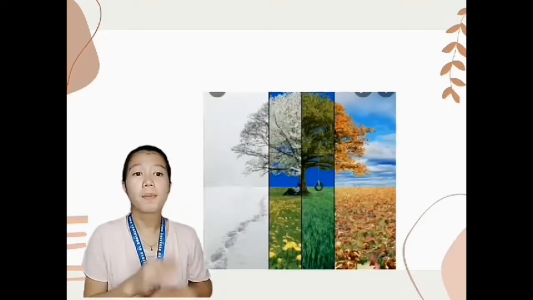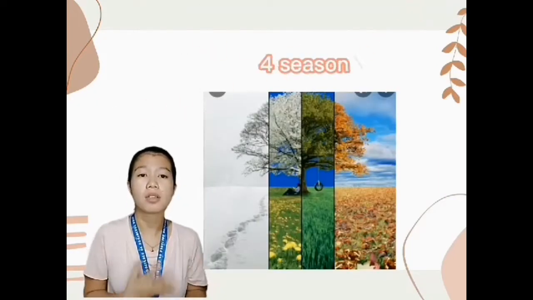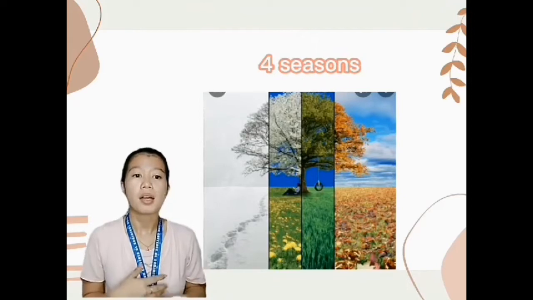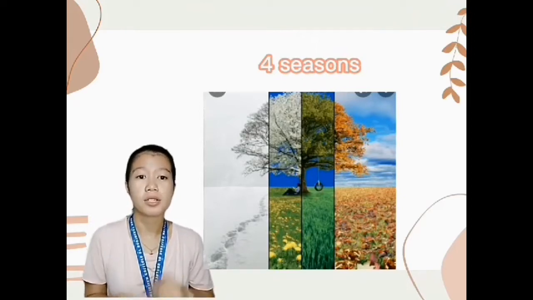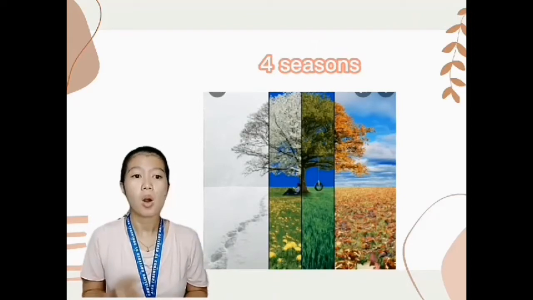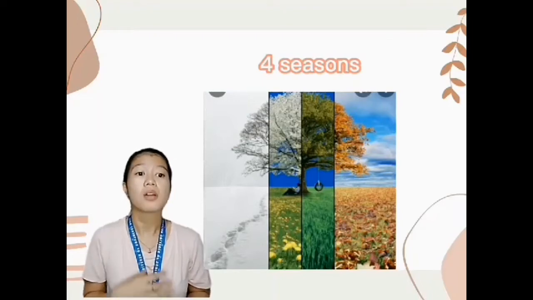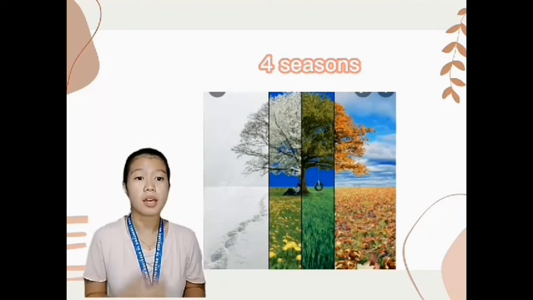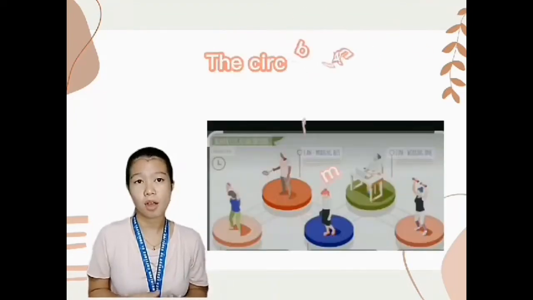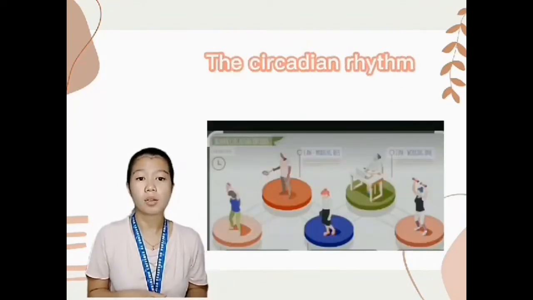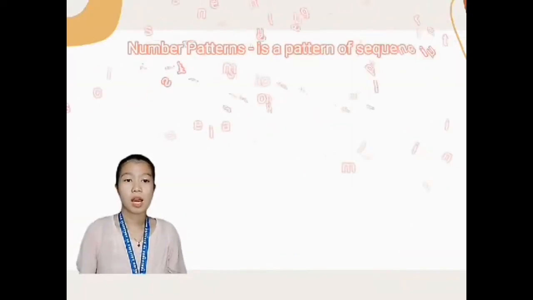There are many patterns around us. In countries with four seasons, the sequence is always winter, spring, summer, and fall. Also, our body follows a natural process that regulates a sleep and wake cycle that repeats every 24 hours, which is called the circadian rhythm.